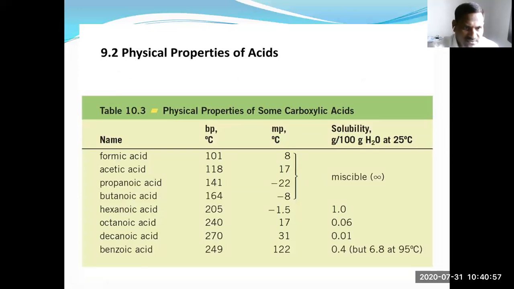So physical properties of acids. You can see here the melting points and boiling points increase with the increasing molecular weight of these compounds. So from formic acid going to benzoic acid, the melting points and boiling points increase.